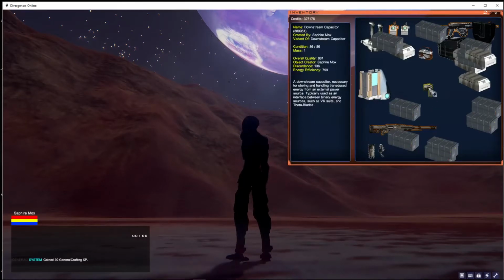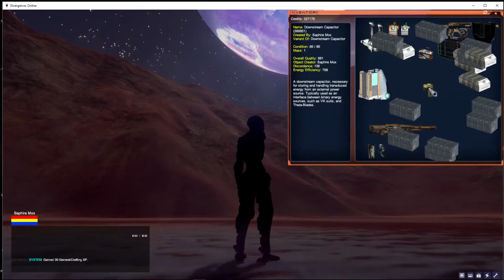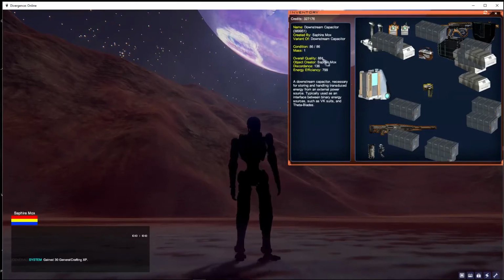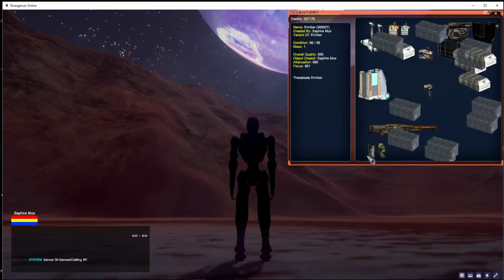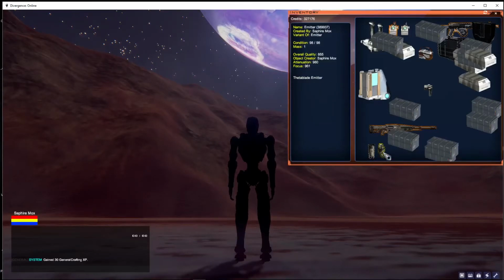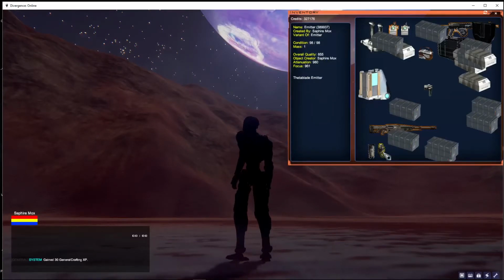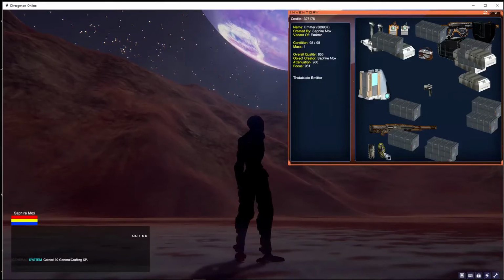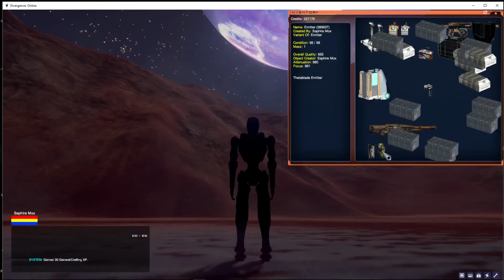So we go over here, we have our downstream capacitor, overall quality 881. Not bad actually. The power distribution matrix came out the best with 965 overall. The overall quality on the emitter is 855. However, I believe that's because the emitter takes polymer.